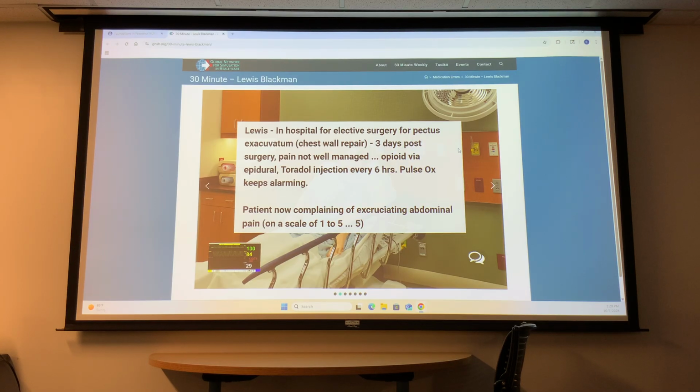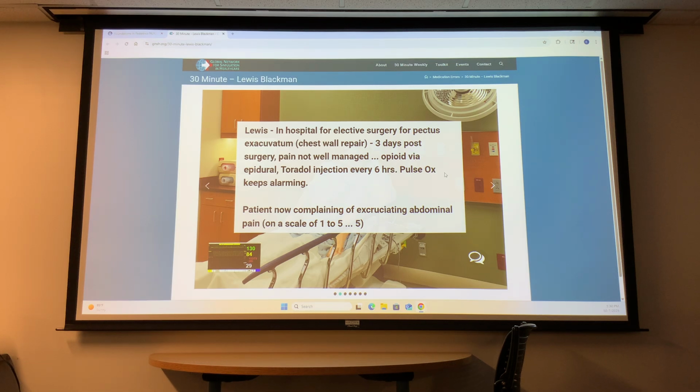So now think about the upper abdominal pain. What's a common side effect of NSAIDs? Bleeding, ulcer, right? Okay.